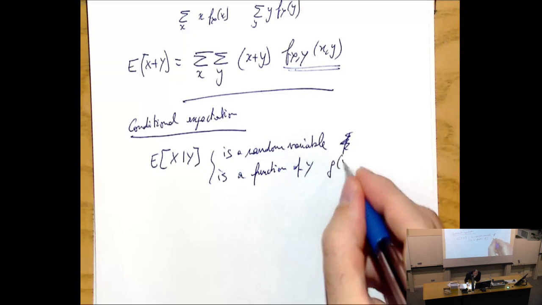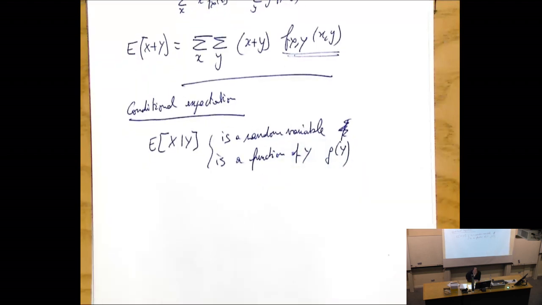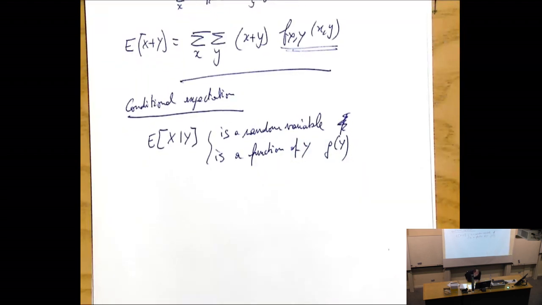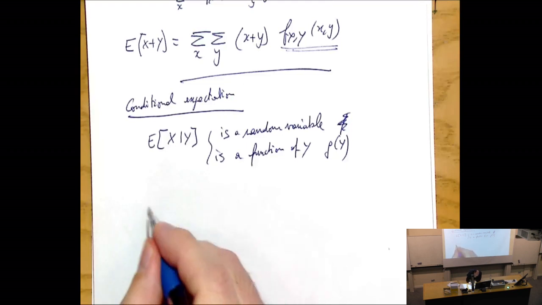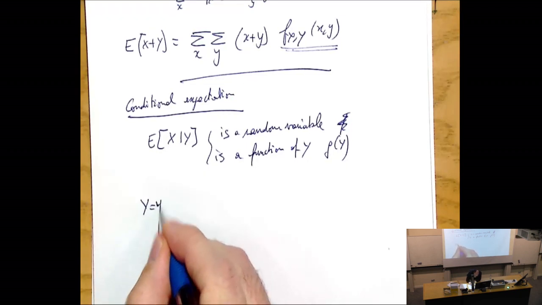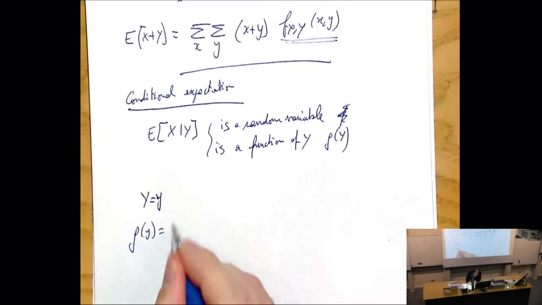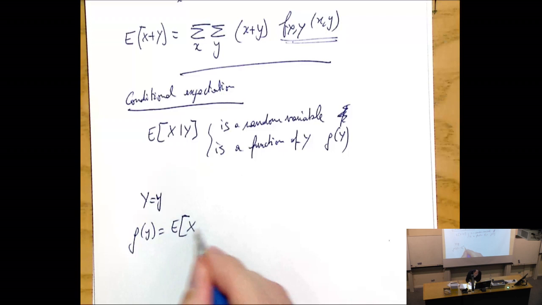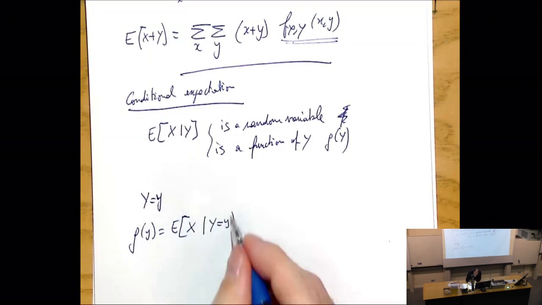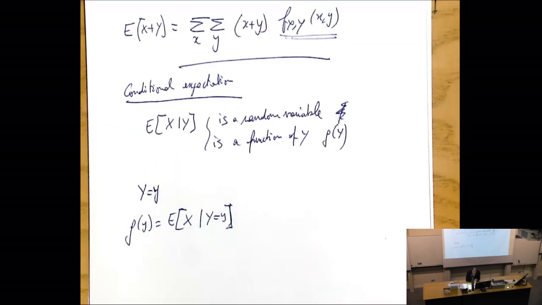So I can say this is like a g of y. Let me define it. How do you define this quantity? Let's look at y equal to a certain value y, and I'm looking at defining this function g of y as the expectation of x given that y is equal to this specific value y.